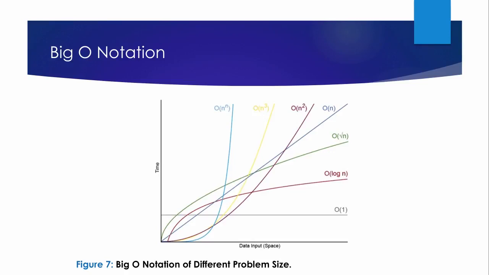And this leads us to another notation that we use in these slides: Big O notation, which can be used to express the complexity of an algorithm or a computation time, as shown in figure 7. For a problem of size n, where we have a constant time, we say the order of 1, and the problem has big O of 1, which is the time required to finish the algorithm's execution.